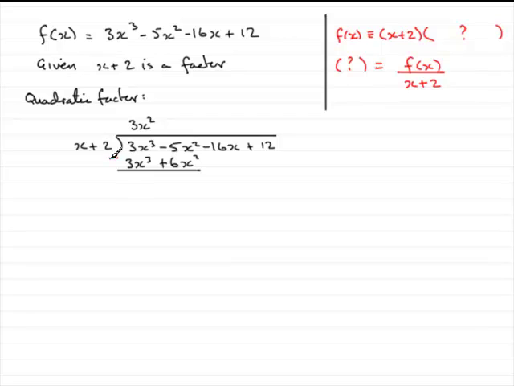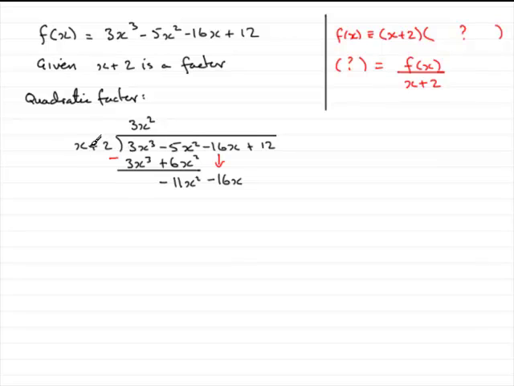So you have 3x cubed minus another 3x cubed, so that's 0. I won't bother putting that in. Be careful here, you've got minus 5x squared minus plus 6x squared, so that's minus 11x squared, and that goes underneath. And next you bring down the next term, which in this case is minus 16x, and you put it alongside this term here. And we start the process all over again.